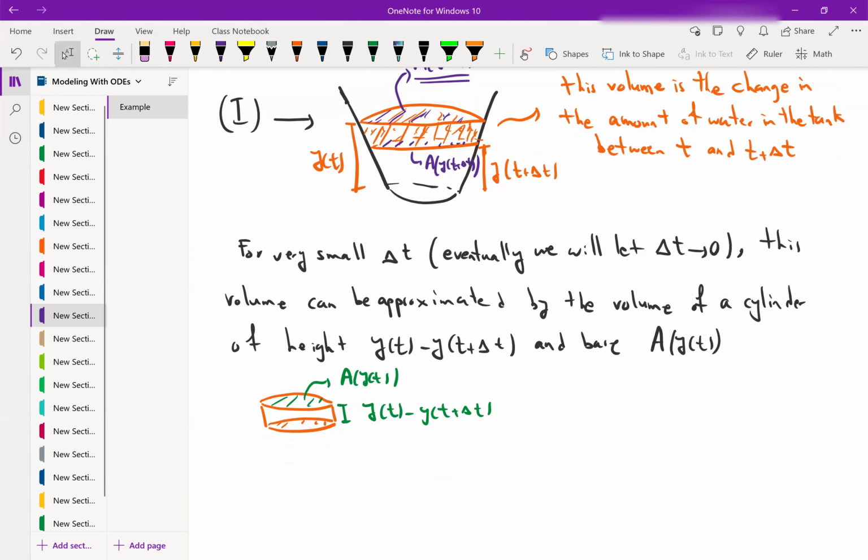Obviously, the volume of the cylinder is the area of the base times height. So the conclusion will be as follows.